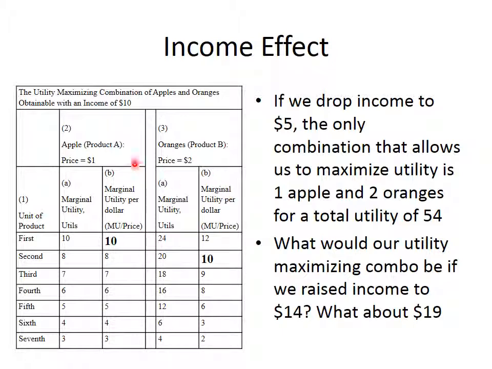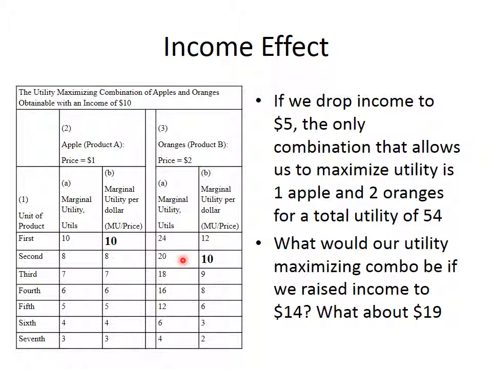Now we're back to it being the original. Apples are $1, oranges are $2. Okay? That was our original thing. So we said, okay, our first apple yields us 10 units of benefit at $1 a piece. That's 10 units of benefit, 10 units of utility for $1. Okay? That same 10 units of benefit for each dollar, we have to get 20 marginal utility units.